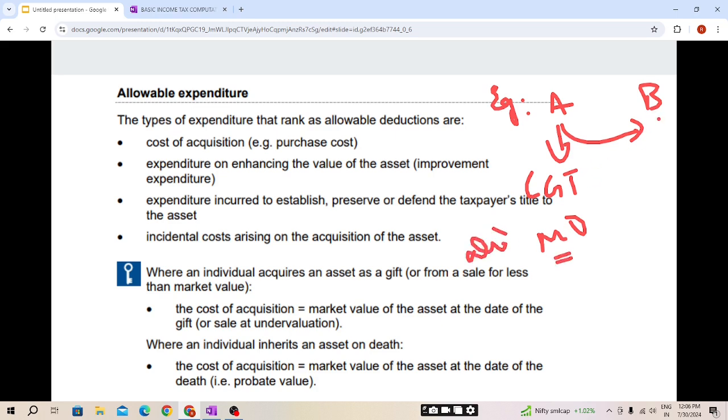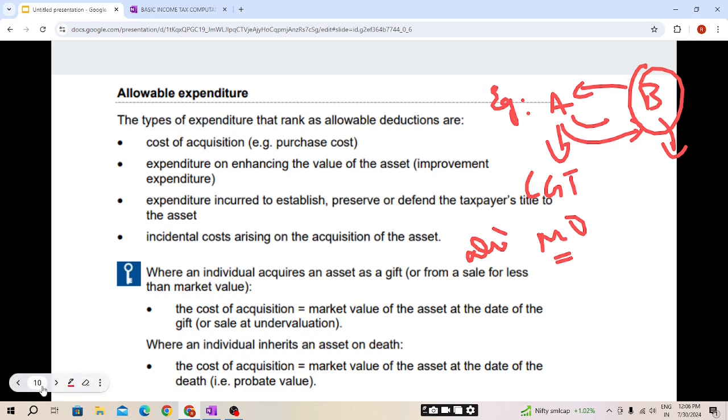But students, when B sells it, the disposal proceeds will be the sale proceeds which he received. But what will the cost be for B? The cost for B will be the market value when the asset was gifted to B.